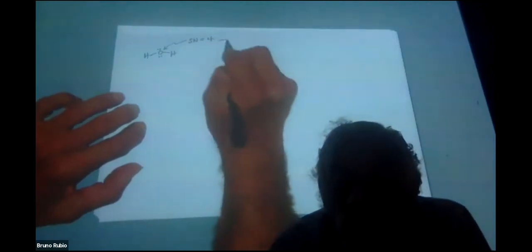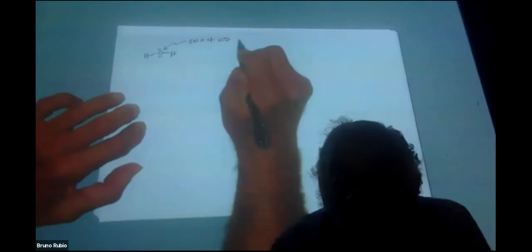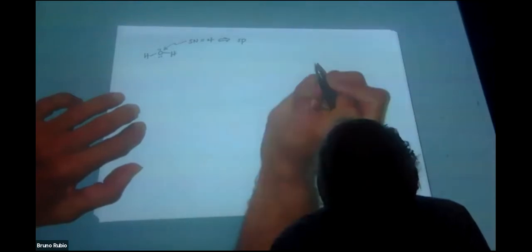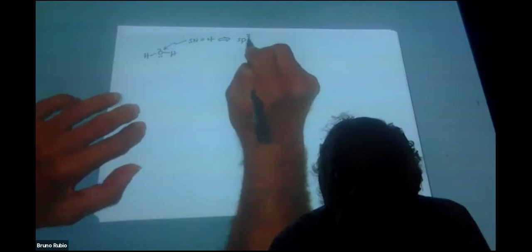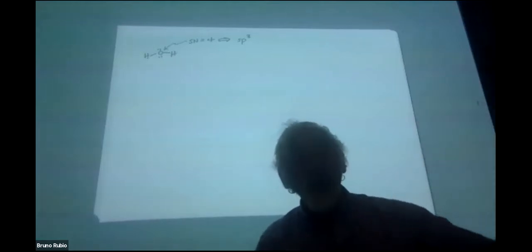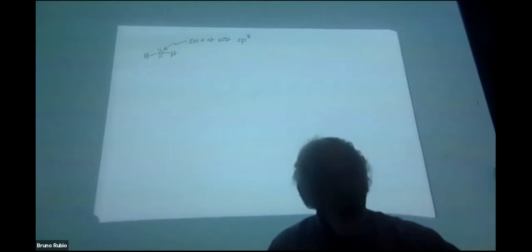So its steric number is equal to 4. And so that means we have a prediction of hybridization of sp3. So it's the steric number 4 minus 1, unless the atom has an unshared pair of electrons that can be moved around in resonance, but we're not going to talk about that just yet. We'll get to that later in the lecture.